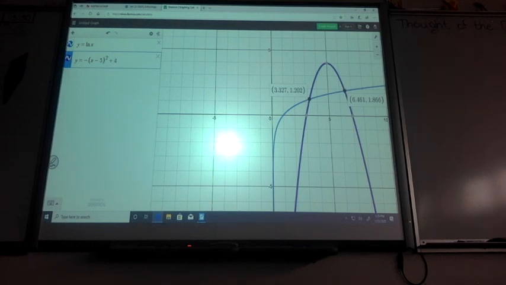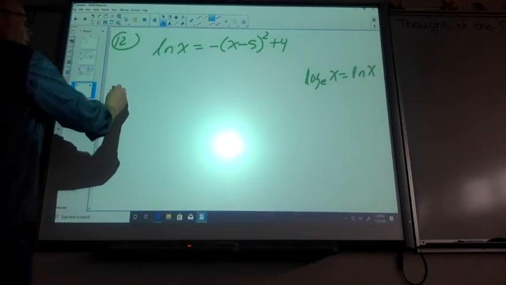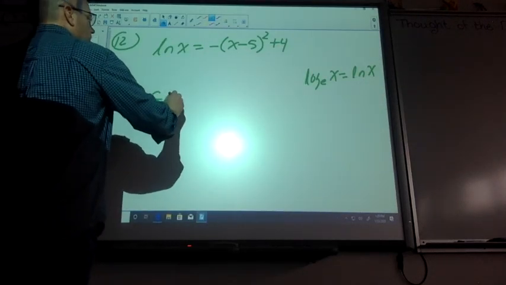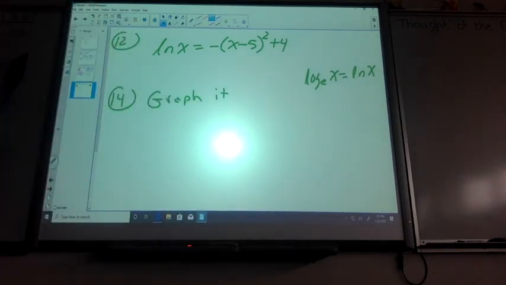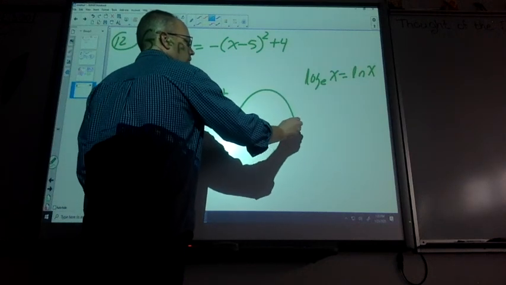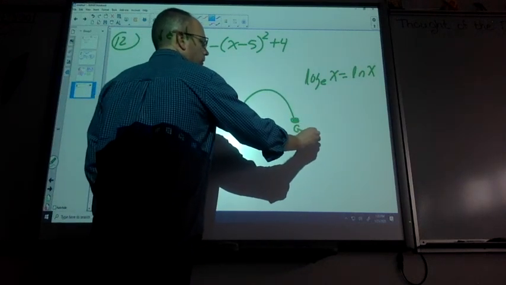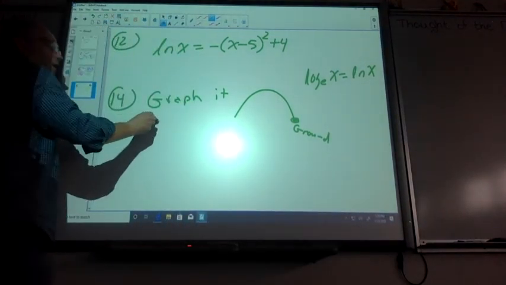All right, so for problem number 14, I'll just give you the guidance on it. So graph it. It's a parabola. This is the ground. And so you're just finding the x component for when it hits the ground.